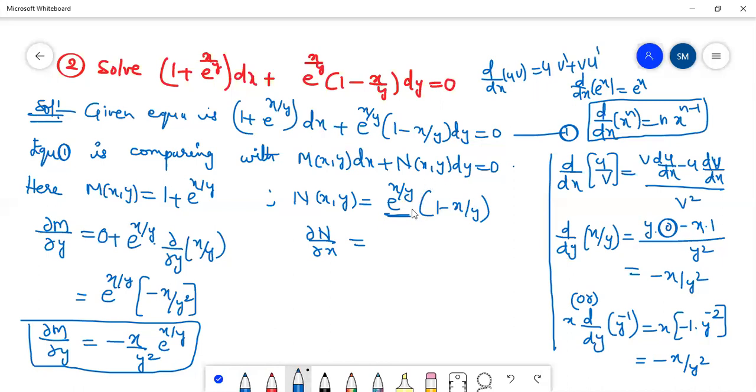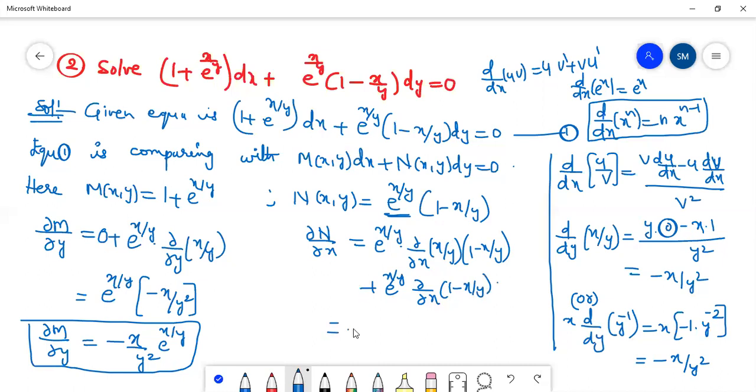Here the derivative of the exponential is e^(x/y) times the partial derivative of x/y with respect to x, times (1 - x/y), plus e^(x/y) times the partial derivative of (1 - x/y) with respect to x.